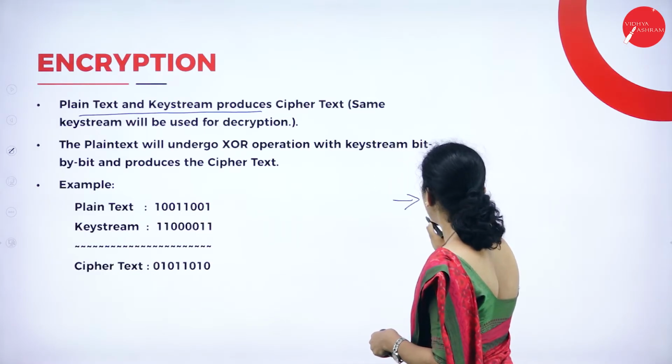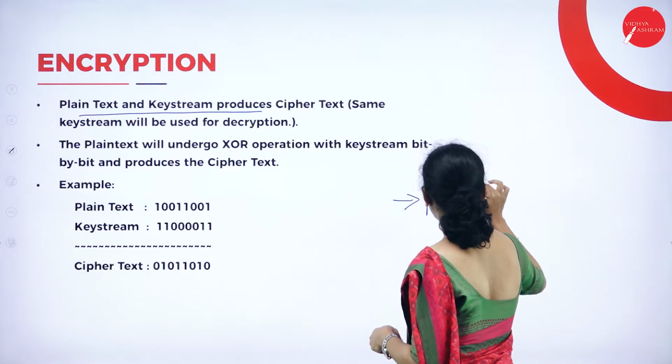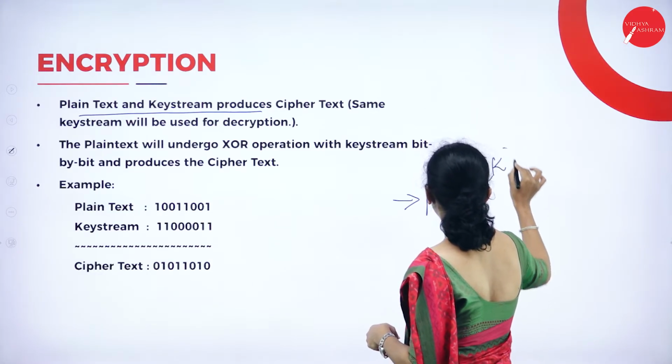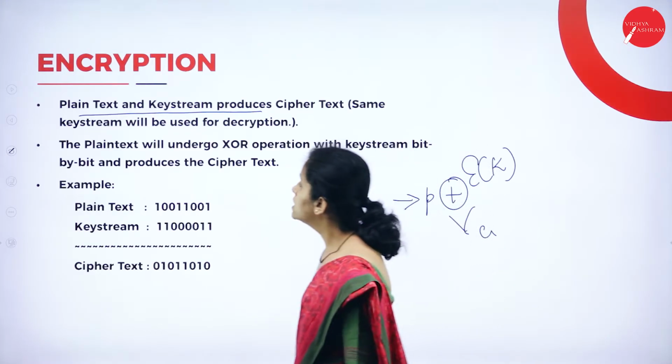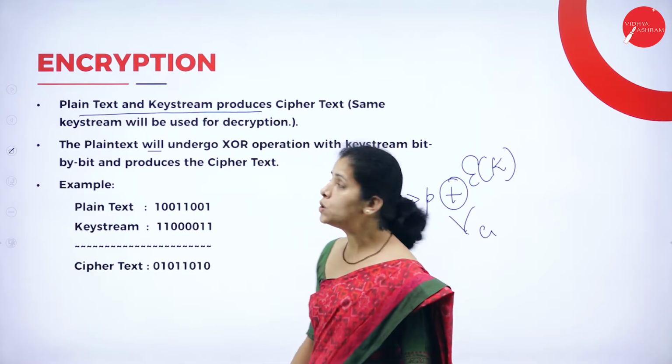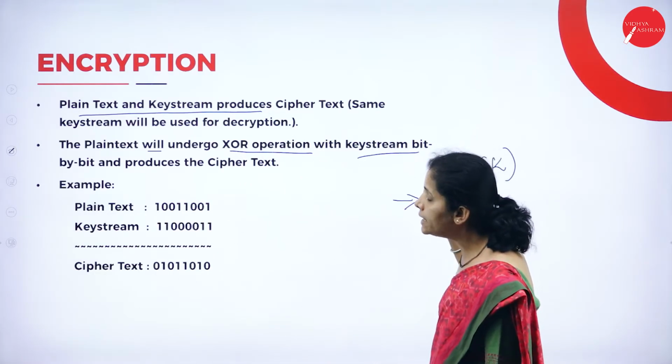We have plain text, then perform XOR operation with the encryption key, so I'm going to get ciphertext. The plain text undergoes XOR operation with the key stream bit by bit.